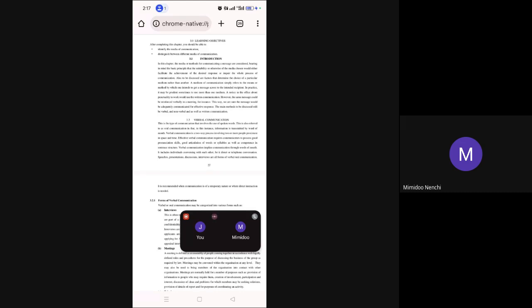Now, verbal communication is a two-way process involving two or more people proximate in space and time. So it involves two or more people coming together. Are we together? And who are the two people involved?